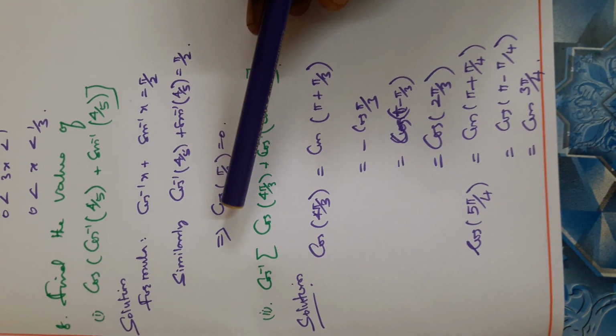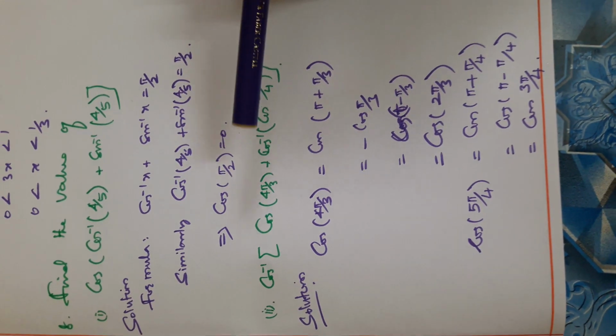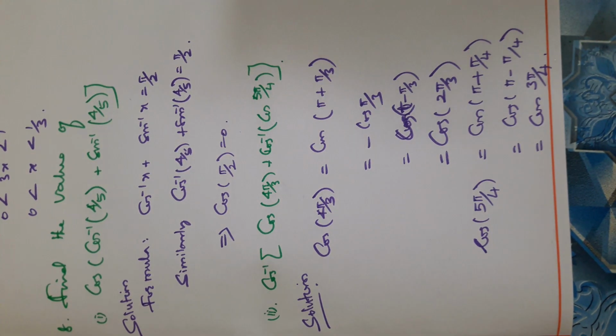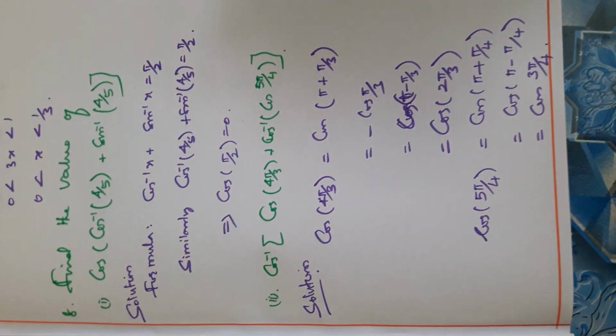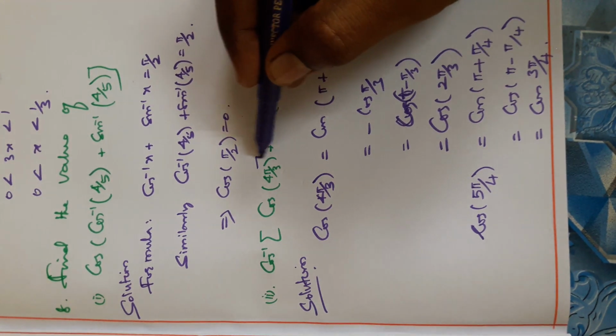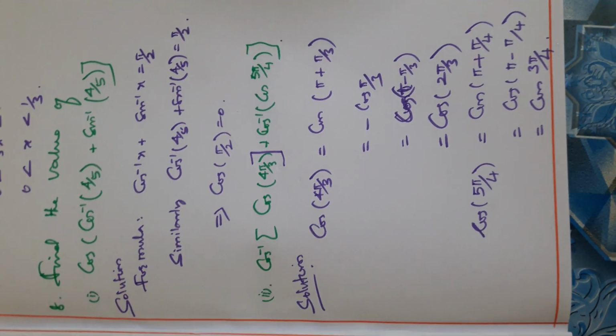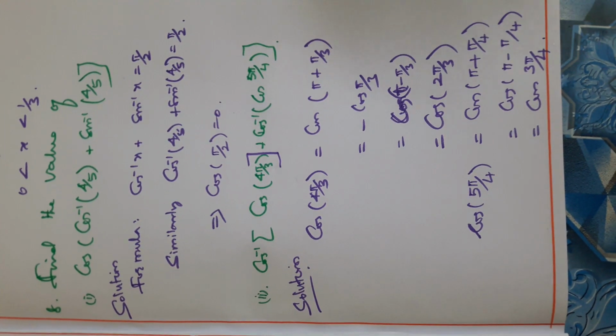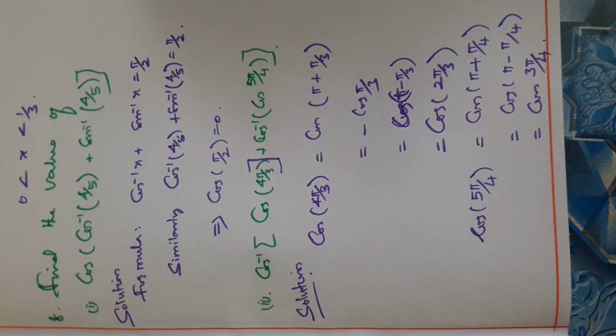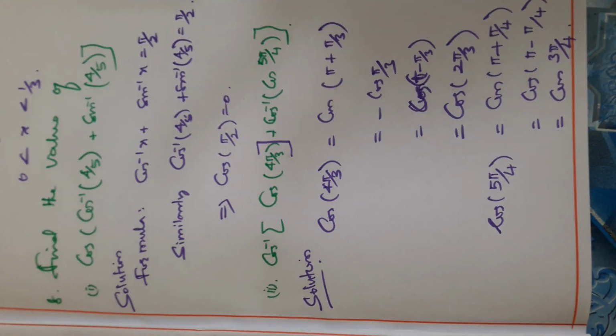And here, cos inverse of cos 4 pi by 3 plus cos inverse of cos pi by 4. Actually your bracket ends here. This part is separate and here is the second part. So that will be cos inverse of cos 4 pi by 3, equal to cos of pi plus pi by 3.